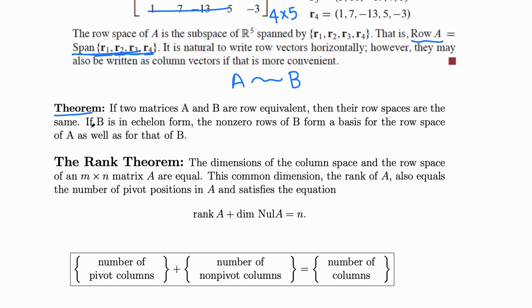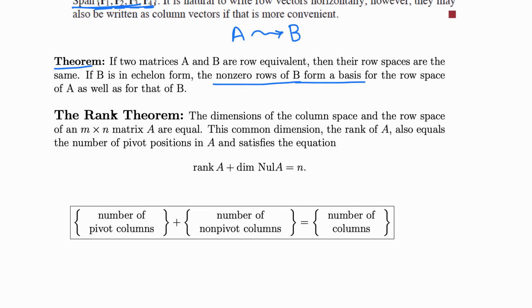If B is in echelon form, the non-zero rows of B form a basis for the row space of A as well as for B. So if this is not in echelon form, then we cannot say anything. But somehow we row reduce and we now have row echelon form B. Then the non-zero rows of B form a basis for the row space of B as well as for A, in fact. So I'll have an example.